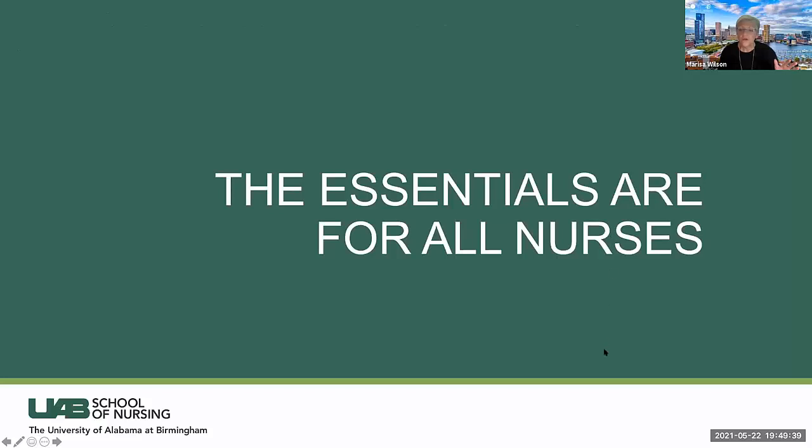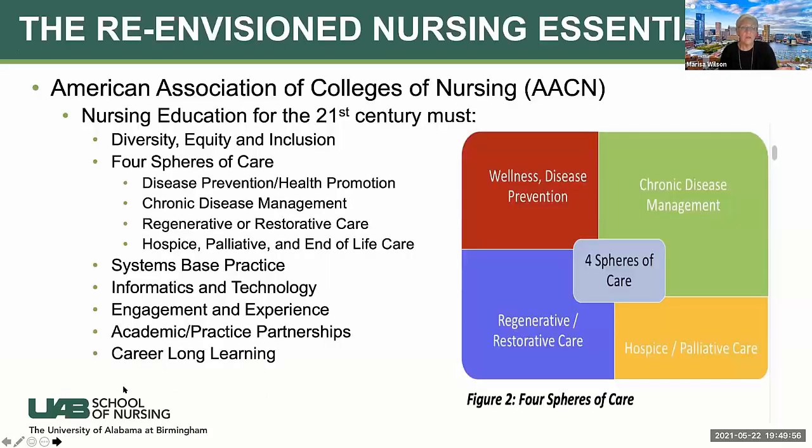So let me talk to you a bit about the essentials. Let me do a deep dive. And remember, this is all nurses, not just informatics nurses, but it sets the foundation for the informatics nurse because we're pushing up the expectation of all nurses.